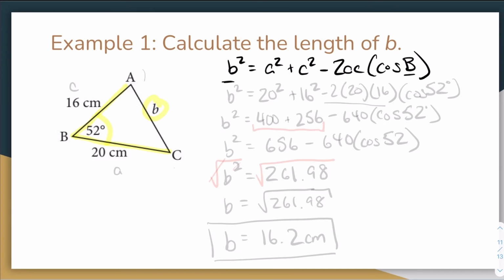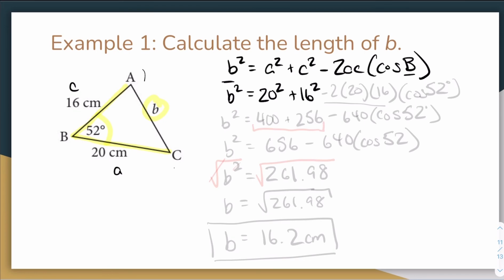Remember, this side length that I'm looking for has to correspond to the angle. Now typically, across from my angle A will be my side A, and across from my angle C will be my side C.